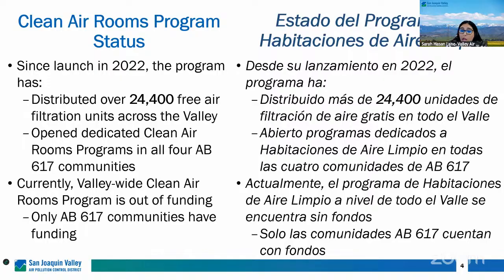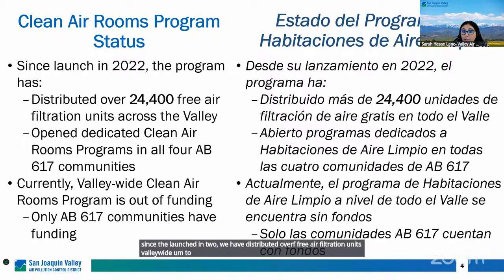Since the program launched in 2022, we have distributed over 24,000 free air filtration units valley-wide to residents to use in their home. Currently, we are out of the valley-wide funding for the program. So right now, only folks that live within our AB 617 communities have the opportunity to receive an air purifier.